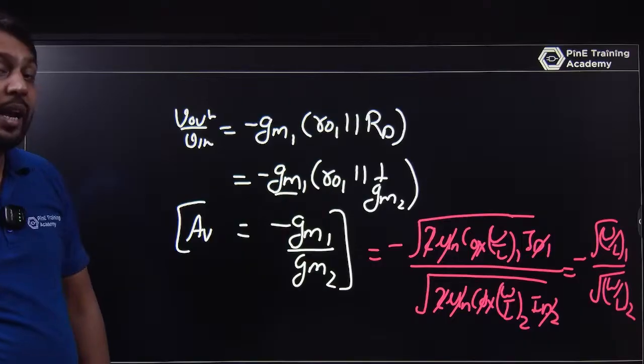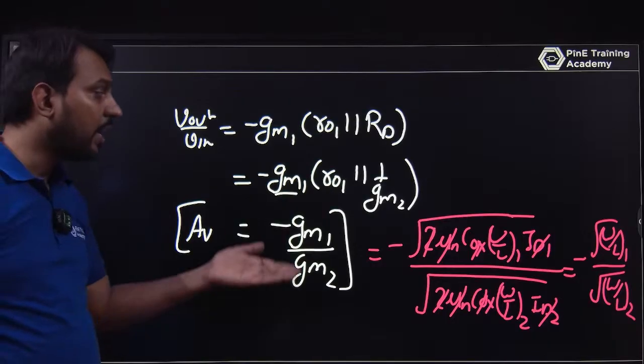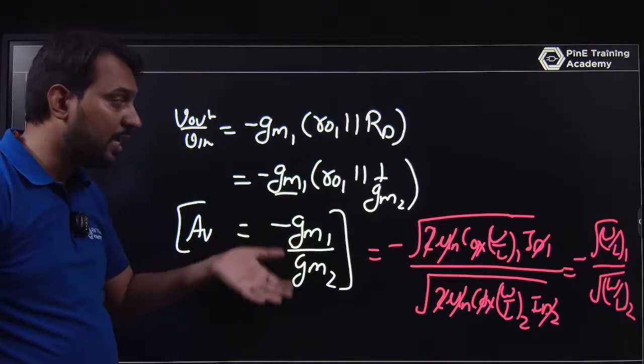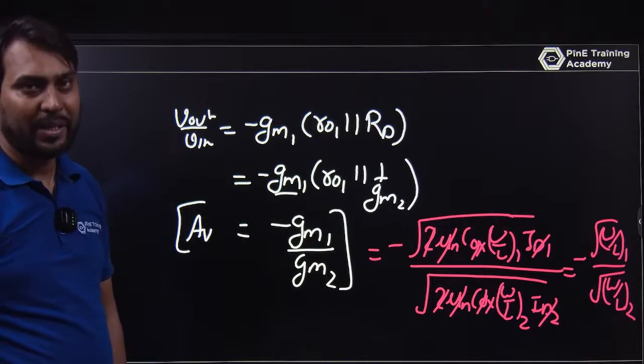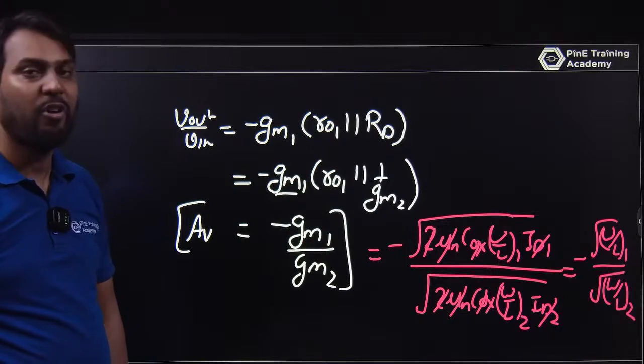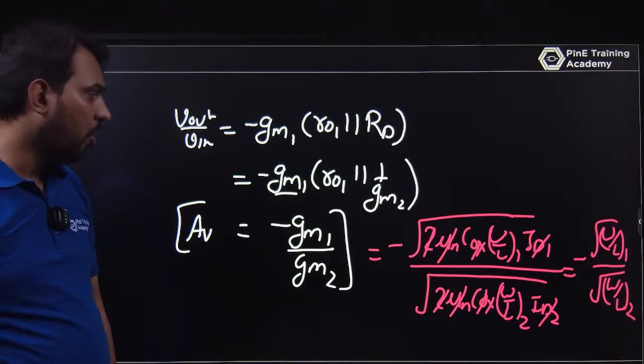So you can increase the gain with respect to the W by L ratio. But increasing the gain by increasing W by L will directly affect your parasitic capacitance. That unwanted capacitance will increase, and that will be a problem.